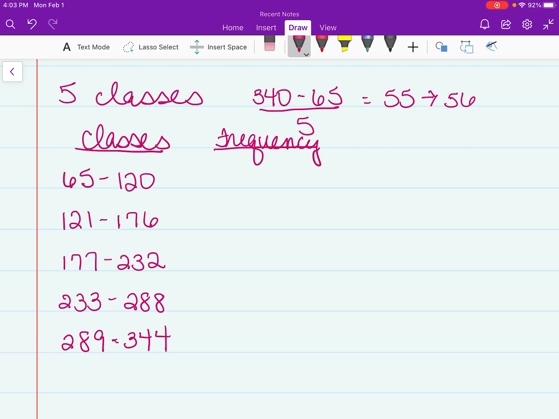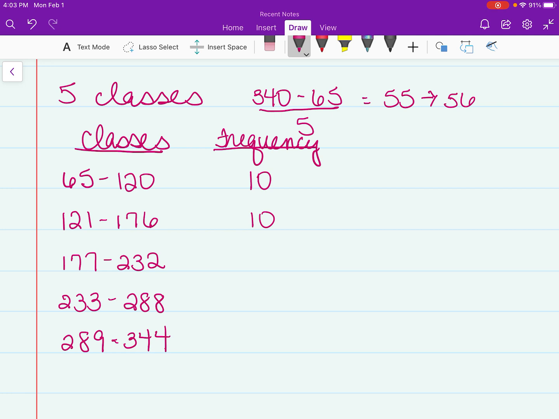going to do that by going back to Stat Edit and counting my numbers in my list that's already been sorted. So from 65 to 120, including 120, gives me 10. From 121 to 176, I also have 10.